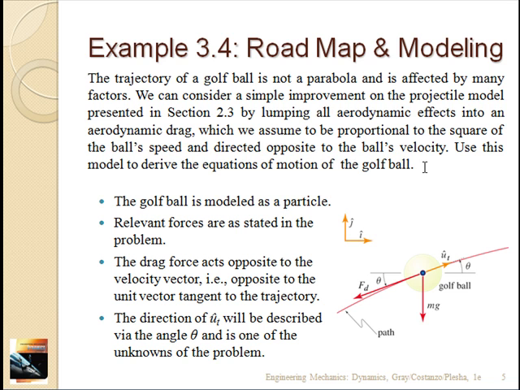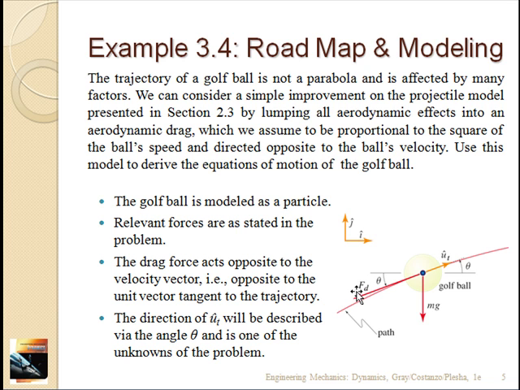So that's what we're going to do. We're going to see how drag forces affect the trajectory of a golf ball in this case, or any other projectile. So we model the golf ball as a point. We use an XY coordinate system, I and J, so that gravity just affects the vertical motion. But now, if the ball is traveling this way along this unit vector UT, then the drag force will directly oppose that motion.